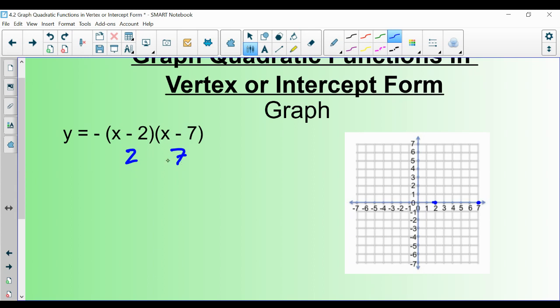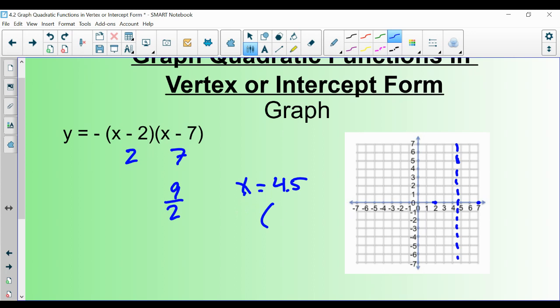At this point, you would take the average of these two things, and that's where the axis of symmetry is going to be. The average of 2 and 7, you would add them up and get 9, and then divide by 2. 9 over 2 is 4.5. So there's my axis of symmetry, x equals 4.5.